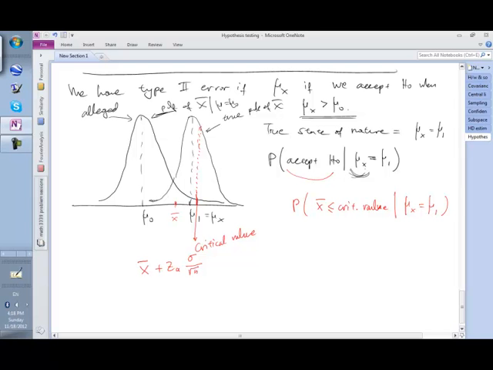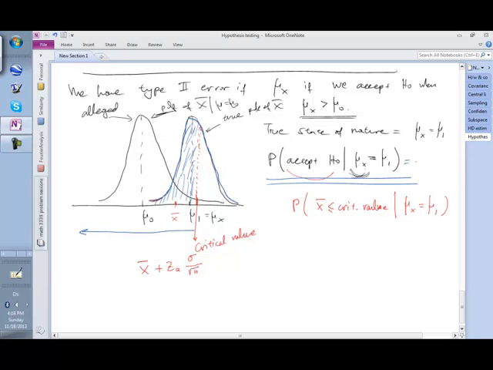So this is the right one, the curve that I draw, that I marked with the blue, is the true curve for x bar. And as you see, based on the acceptance region, this is the area that represents this particular probability.